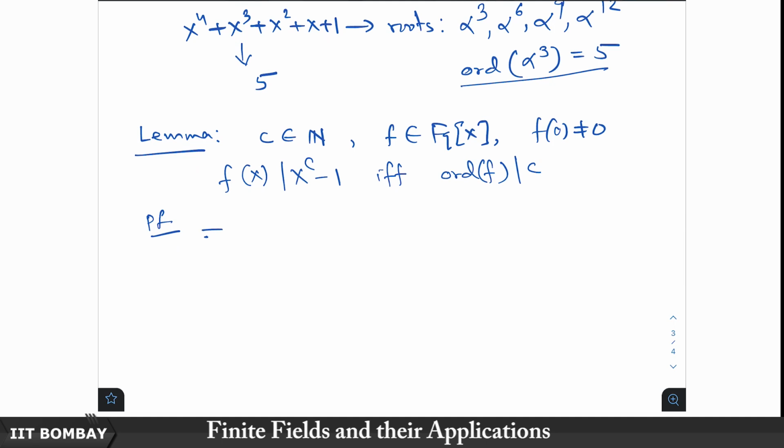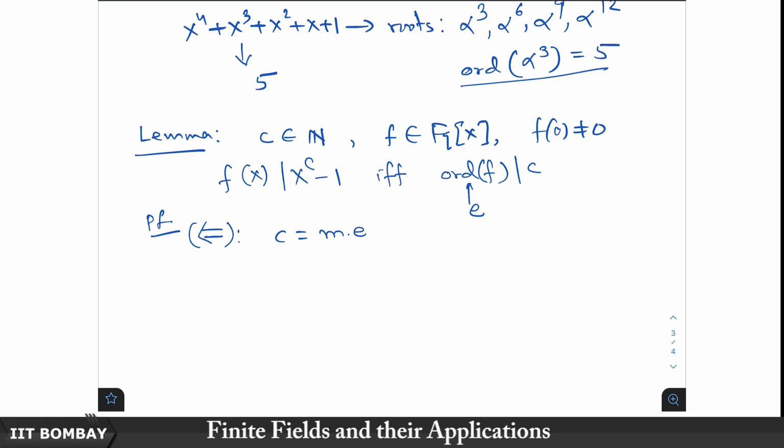So, how do we prove this? Let us prove the opposite direction first. That is, first we assume that c is a multiple of the order of f, that is c is m times e, let us say, where the order of f is denoted by e. Then we will show that f(x) divides x^c - 1.